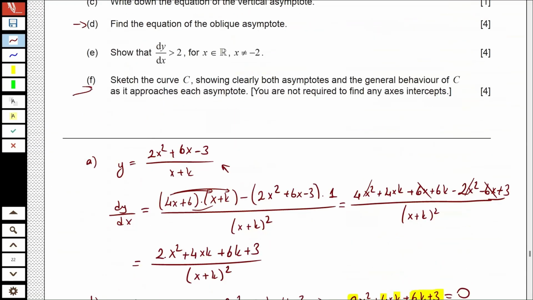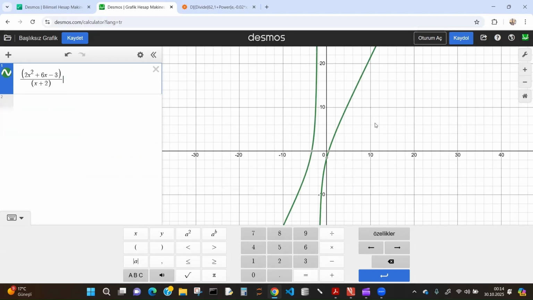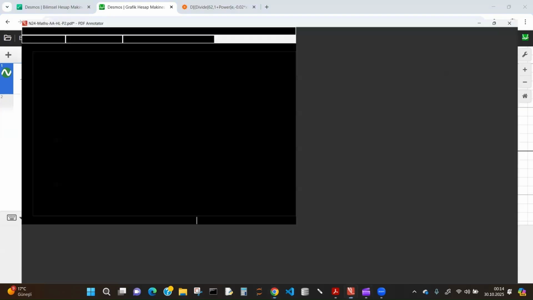And the last question is asking us to sketch the curve, showing the general behavior as it approaches each asymptote. You're not required to find the x-intercepts. The graph will pass through the point at about −3, almost −5.